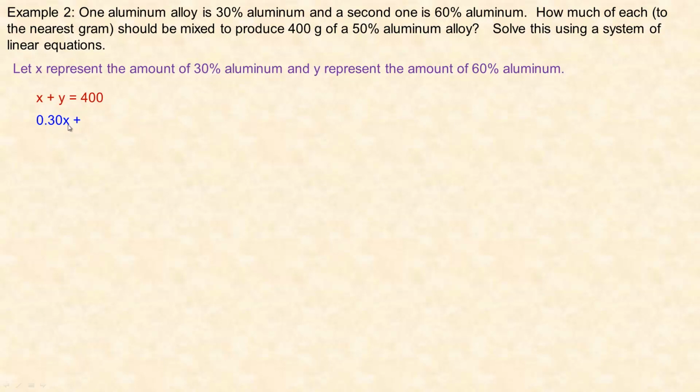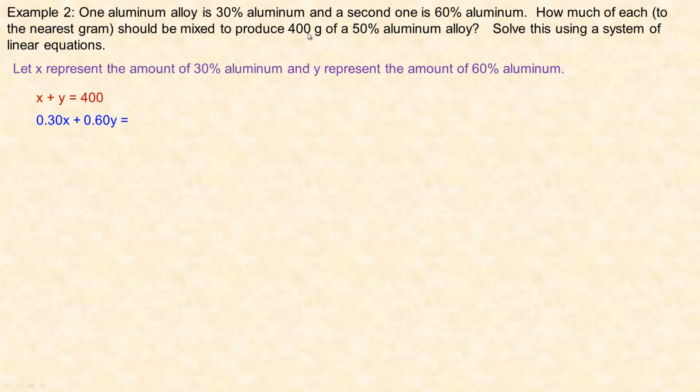If we multiply that by 0.30, that's the amount of aluminum coming from that 30% alloy. And we add to that the second part we're mixing, 60% aluminum: 0.60 times the number of grams from the 60% aluminum. Altogether that has to equal the amount of aluminum in our final product.